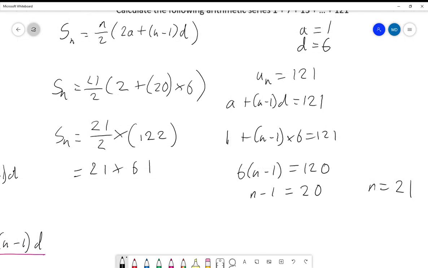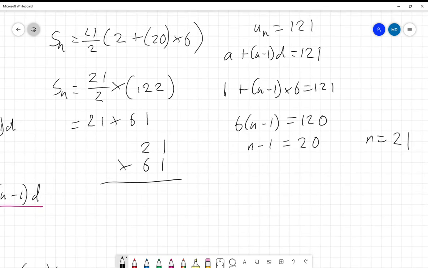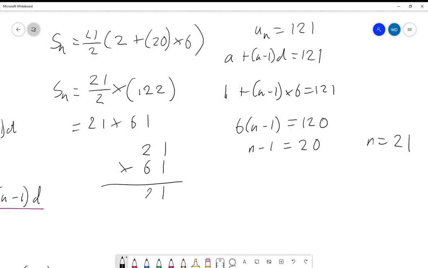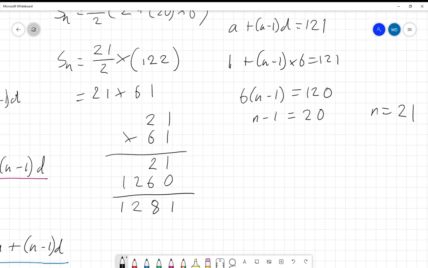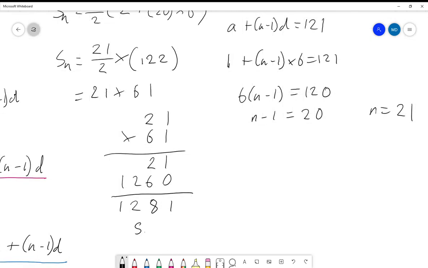And to work out 21 multiplied by 61, all we're going to do is standard multiplication. And we get our answer of 1,281. So Sn is equal to 1,281.